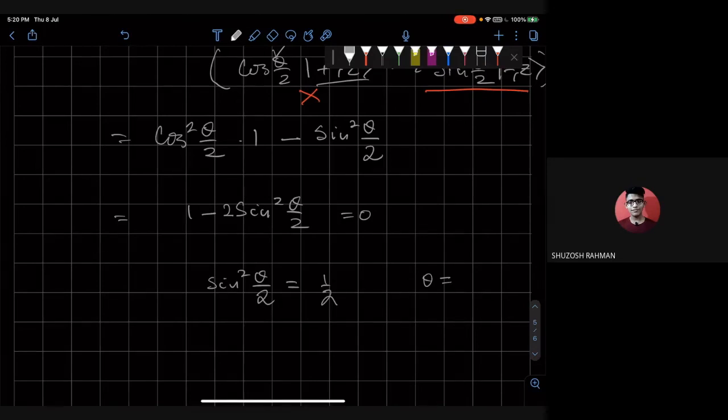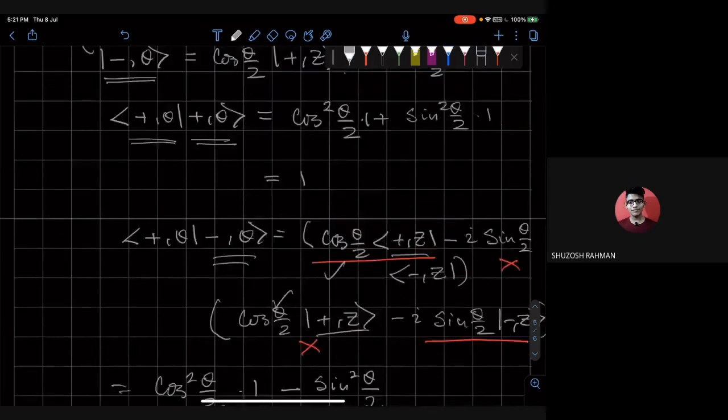When sine of theta by 2 is 1 over square root of 2. That means when theta is 90 degrees, right? Do you agree? So these two states are really only orthogonal when theta is equal to 90 degrees, right? So what does this mean?